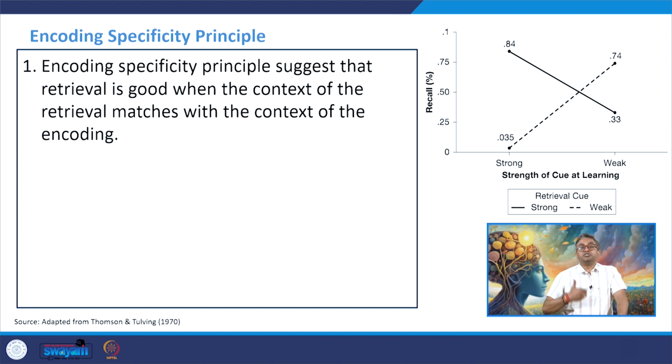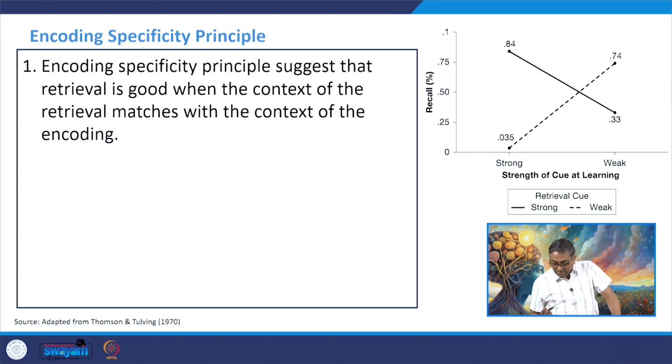Salivation was the conditioned response, the similar response which the dog gives when the food was given to them. So when the context is the same, where the encoding has occurred and retrieval is being performed in that same context, then the retrieval is very good. And this principle, we call the encoding specificity principle.